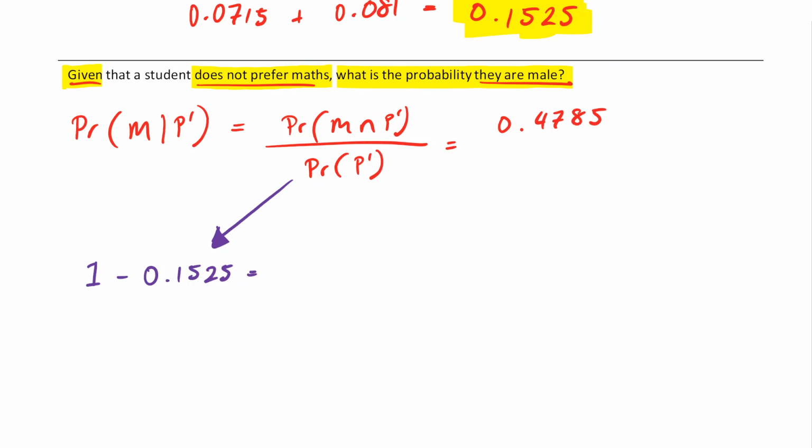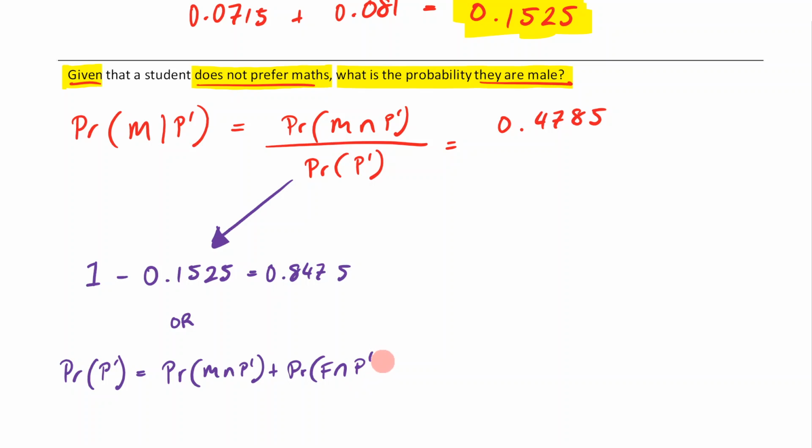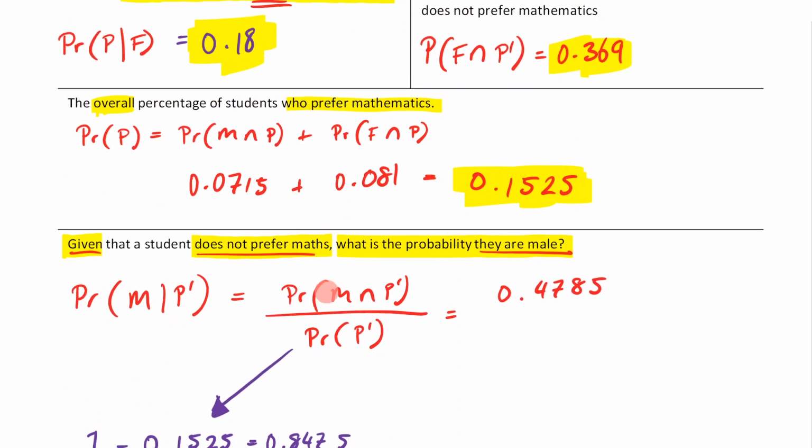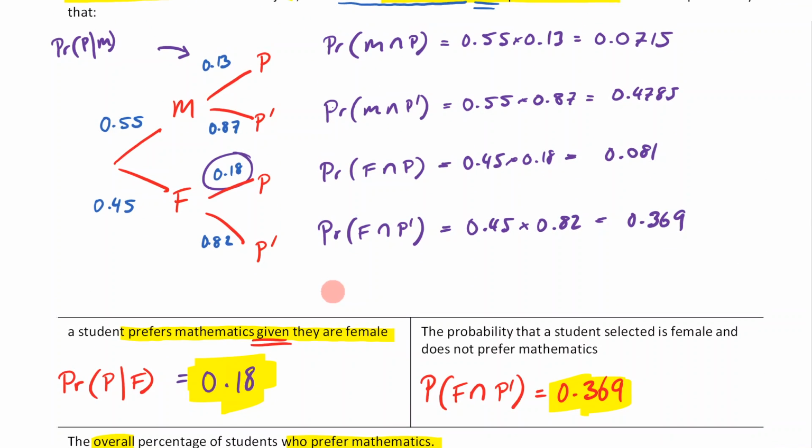And when we do that, we're going to end up with 0.8475. Or the other way we could do this, and this is the longer way, which I wouldn't recommend, is using our law of total probability, the males that don't prefer maths, plus the females that don't prefer maths. And when we add those together, we would get the same thing. We would get 0.8475.